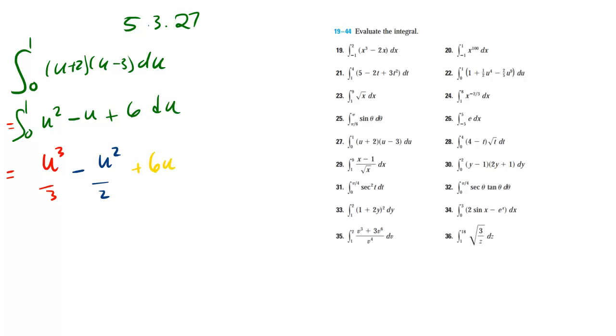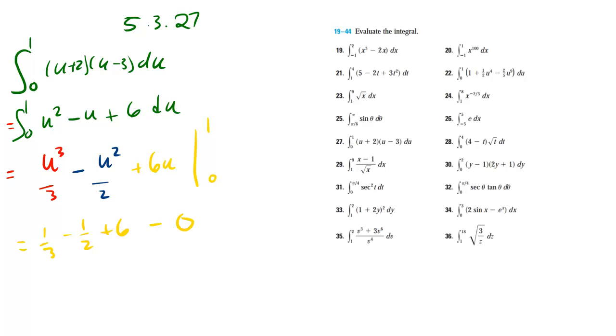It'd be 6u. Evaluated from 0 to 1, so we're going to plug in the 1, get a number and subtract off when you plug in the 0. So that would be 1/3 minus a half plus 6. When I subtract off the zeros, everything zeroes out.